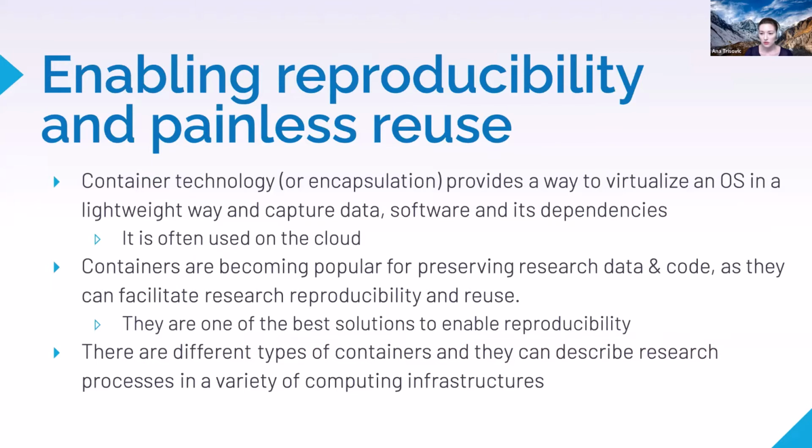It is often used on the cloud for fast deployment of applications, and it's also becoming more popular now in science and academia. Containers are popular for preserving code and for portability and reusability. They are one of the best solutions we have for reproducibility, in addition to maybe virtual machines.